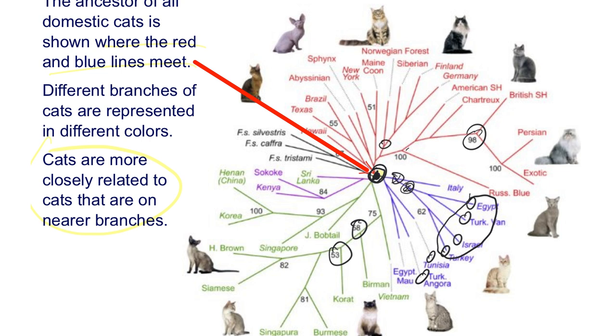That branching is a common ancestor of all these branches here. This is a more recent common ancestor of these two branches. So the nearer the branches are, in the sense of where they branch off, the closer related they are.